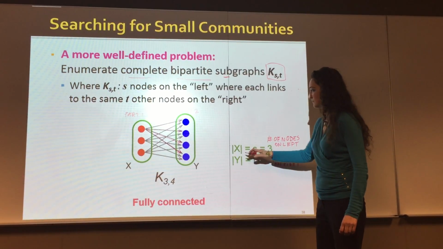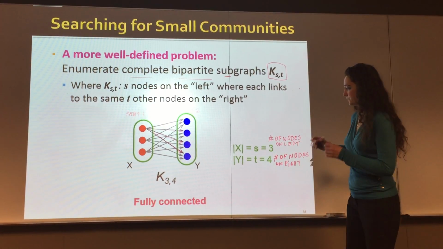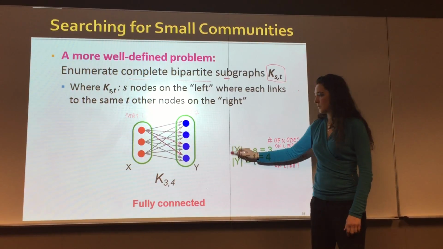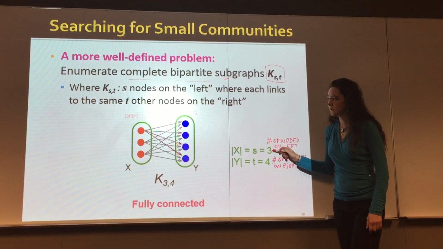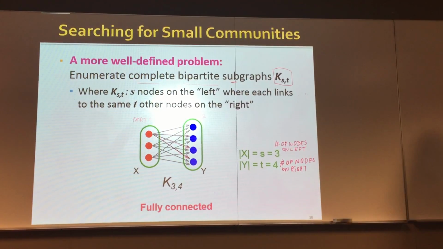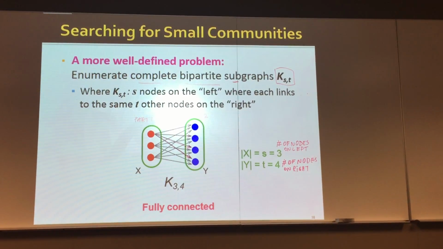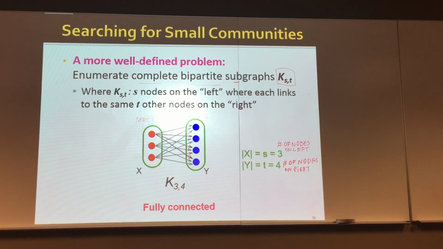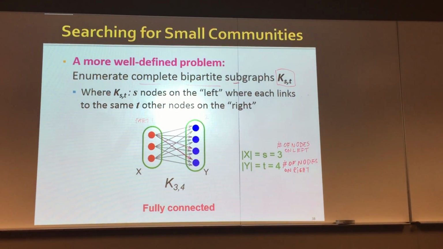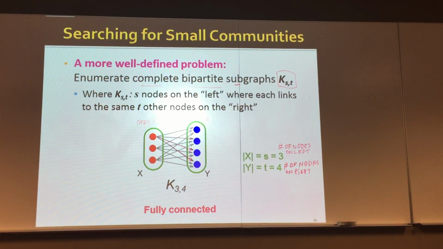That is the cardinality of a set. Cardinality of a set is the number of items in the set. In this case, we have 1, 2, 3. So the goal is to identify all fully connected subgraphs given these two thresholds, S and T.